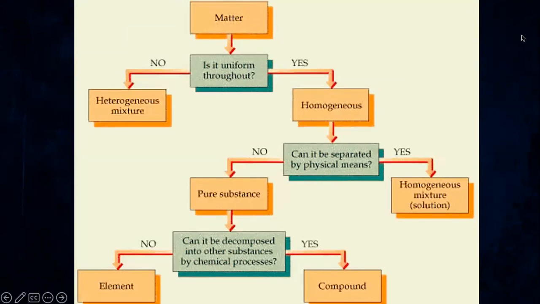If it can be separated by physical means, this is called a solution, like oil and water can be separated by physical means. If it cannot be separated by physical means, it's called a pure substance, which can be further broken down into element and compound. All right. Next.